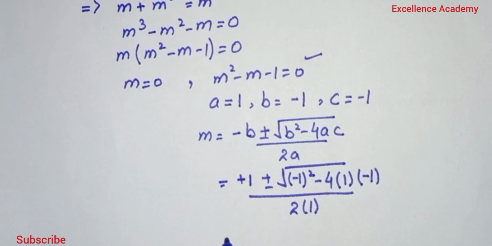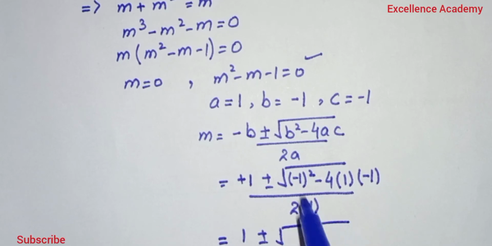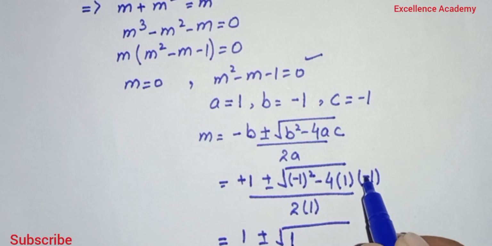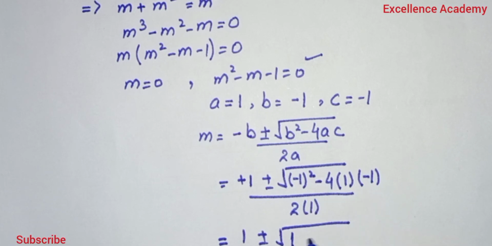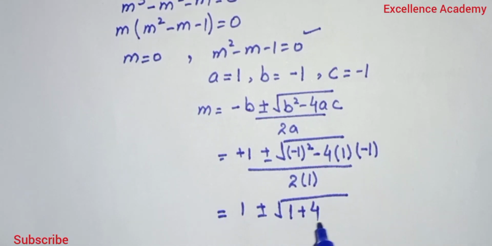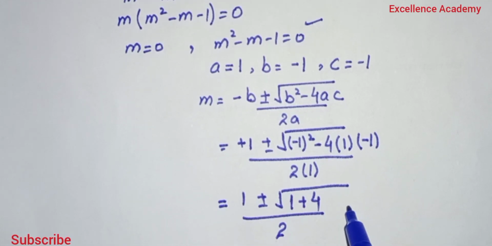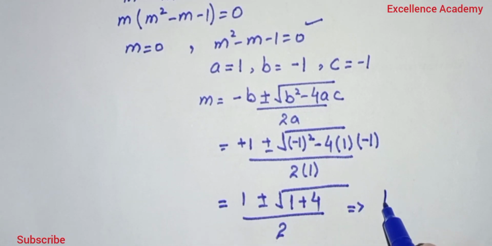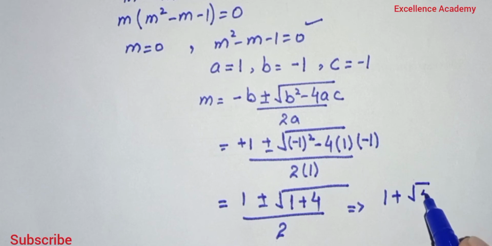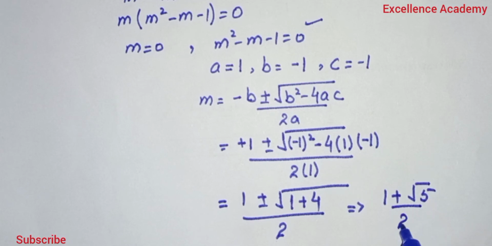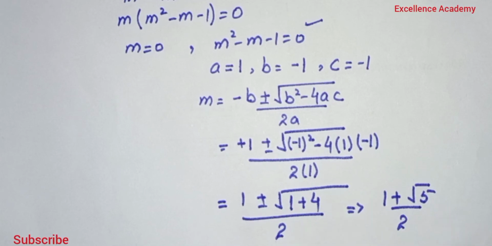Now let's simplify this. This will be 1 ± √((-1)^2 - 4(1)(-1)). (-1)^2 is 1, and minus times minus becomes plus, and 4 ones are 4, all divided by 2. So it becomes (1 ± √5) / 2, since 1 + 4 is 5.